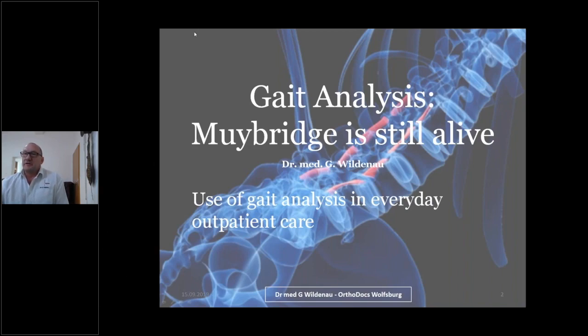Muybridge is still alive. As you might be aware, Edward Muybridge in 1870 was using silver alginate photography to get a first analysis of movement patterns of gait in humans as well as animals. Now, what are we doing today? Today, we're doing two-dimensional static analysis to try to evaluate movement patterns.